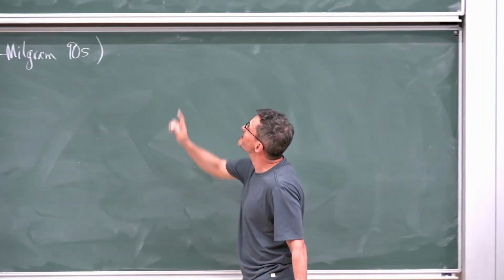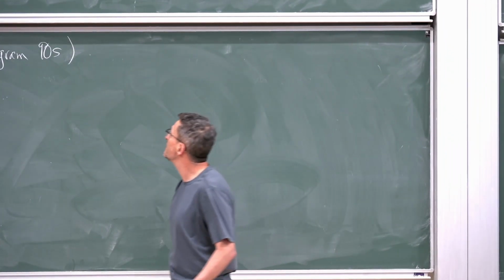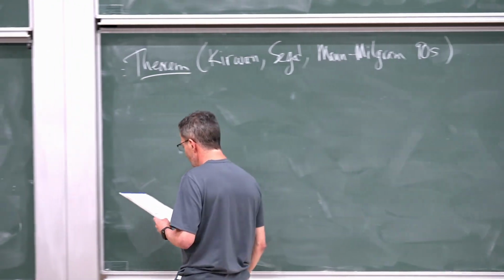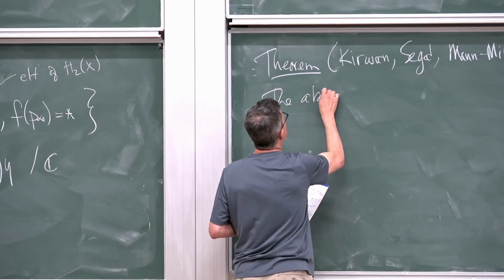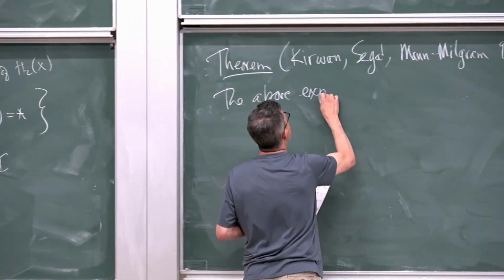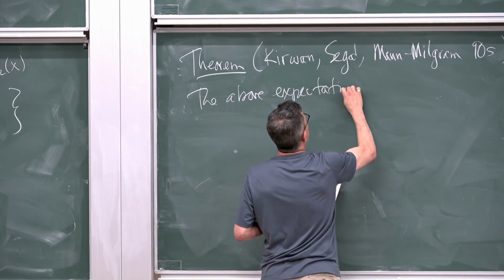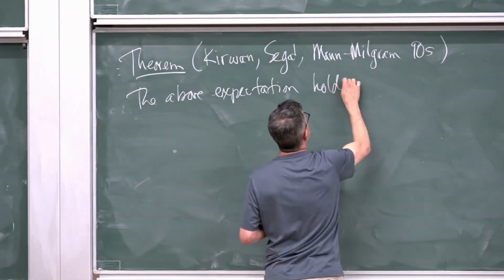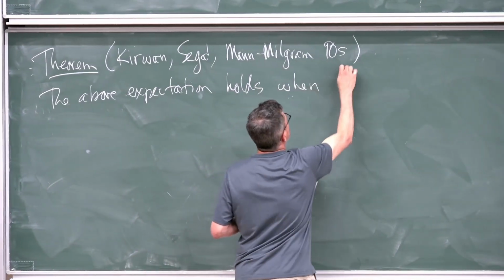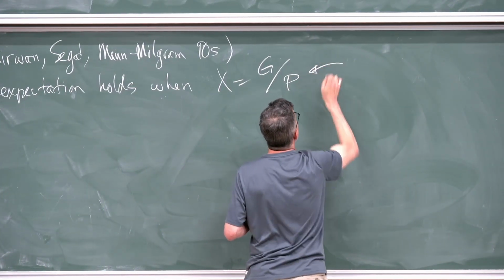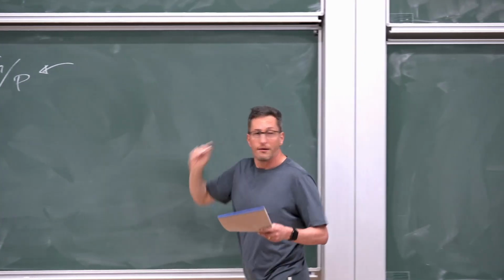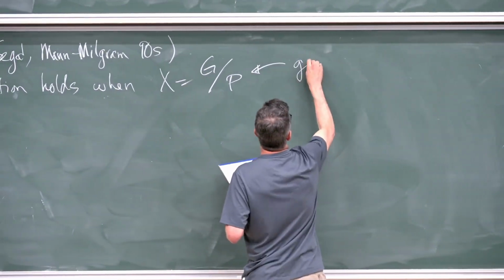The above expectation holds when X is a generalized flag manifold, G/P, a reductive group modulo a parabolic.